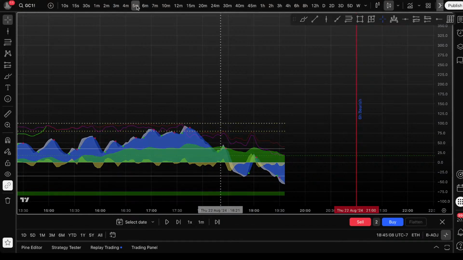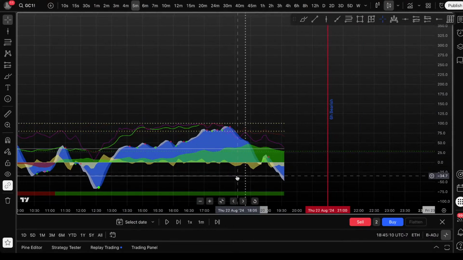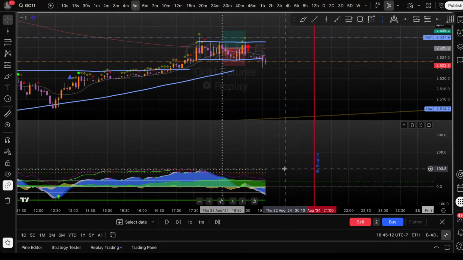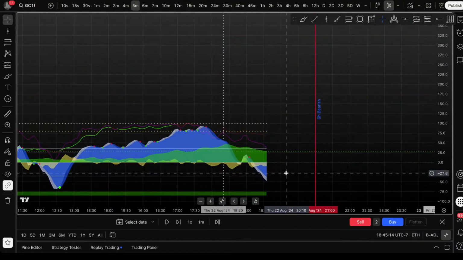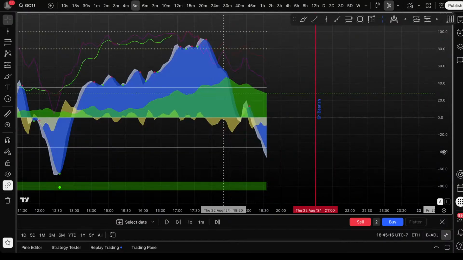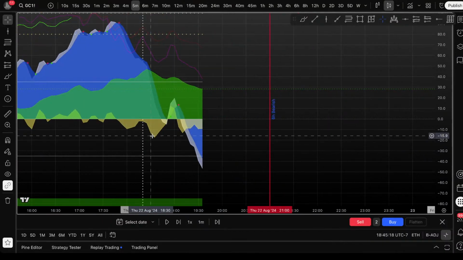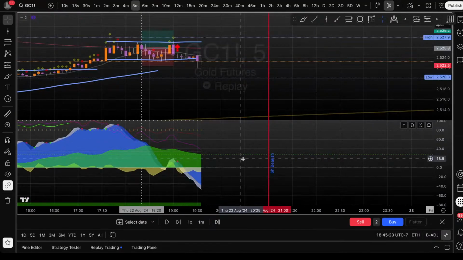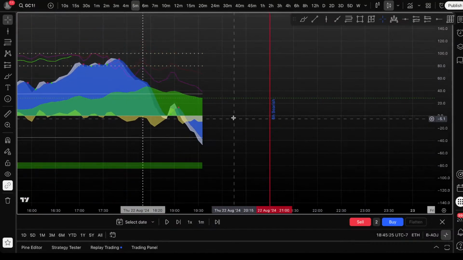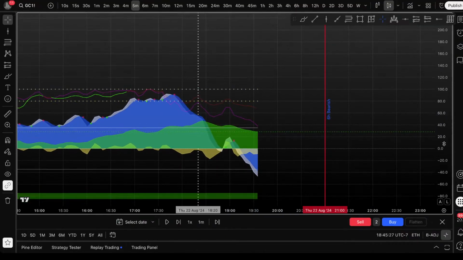Choppy on the 3, but the 5, yeah, that was a selling point. But the momentum wasn't aligned up.